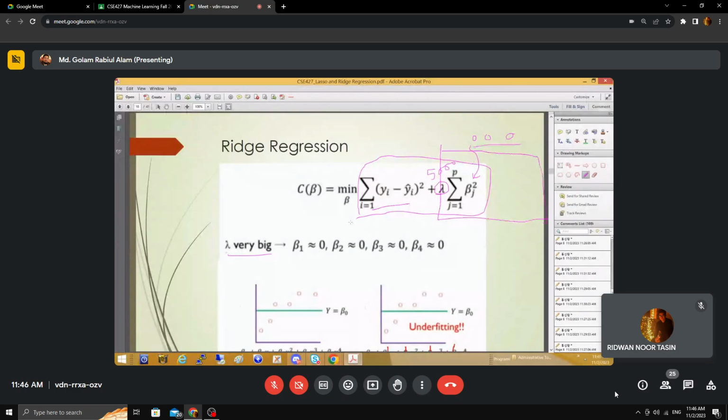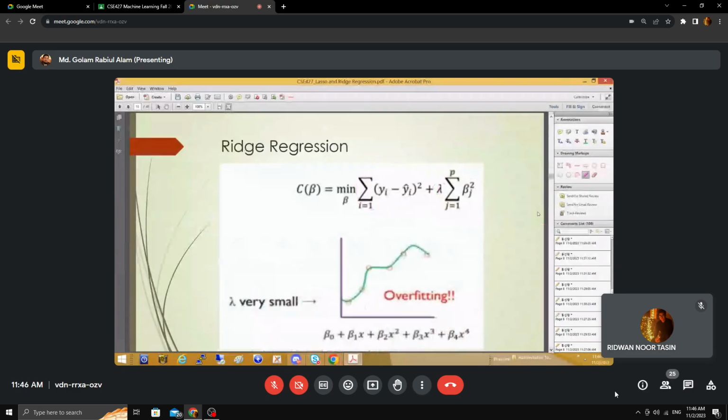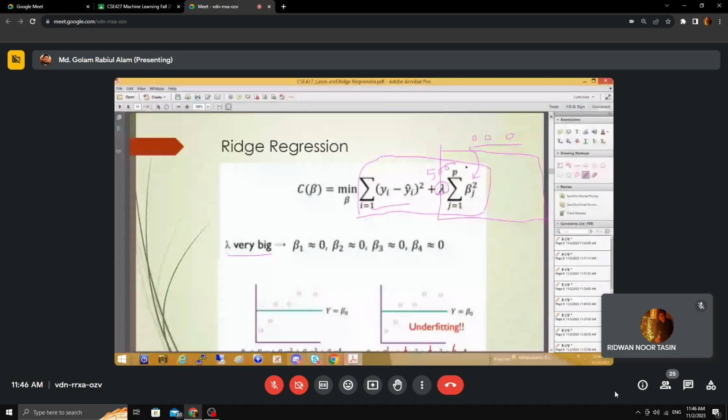And what if we apply a very small lambda?